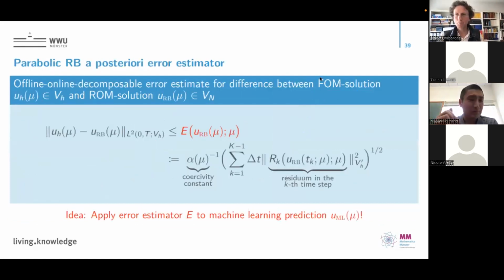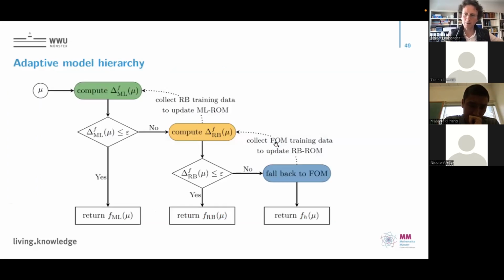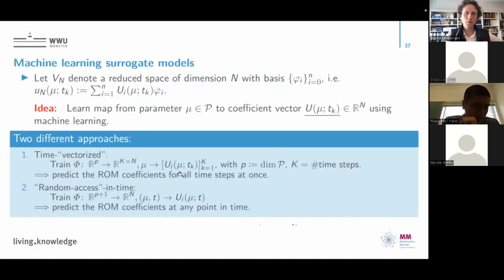Yeah. So we use this a posteriori error estimate also for the machine learning. And the first point, this is a good point: if you want to really use this certification, then you need the whole trajectory also with the machine learning model in order to be able to evaluate this error estimator. I showed you this version with the random access.